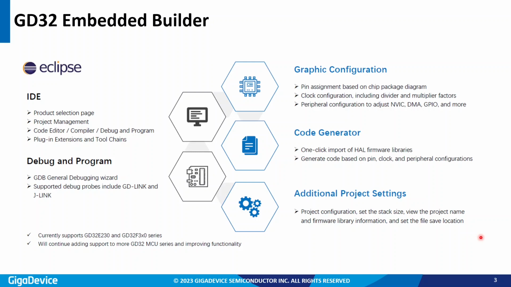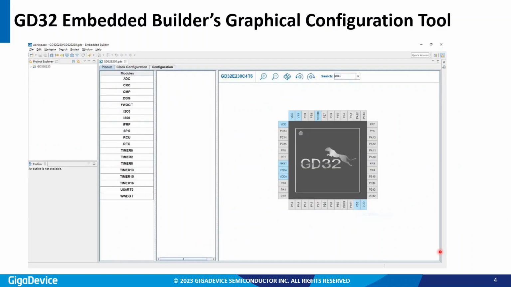After we finish with that, we'll use a code generator to generate HAL firmware libraries based on the selections that we made in the Graphic Configuration Tool. Again, to date, the tool supports the E230 and the F3X0 series of devices, with more to come.